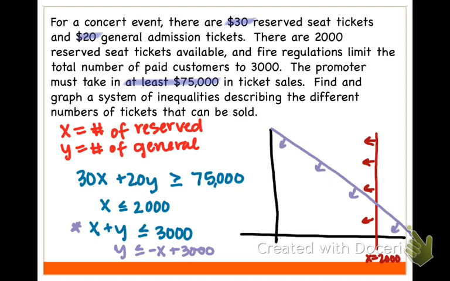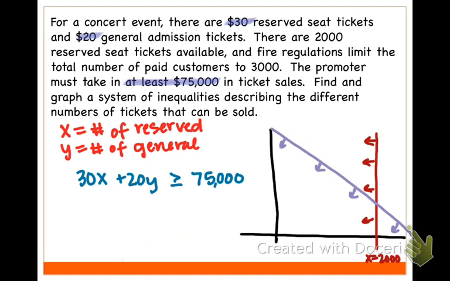And then that last equation that we have up at the top there, I do want to rearrange that. I do want to solve that for y. This equation here, if I rearrange it a little bit, I'm going to get not such a pretty equation, but nothing terrible. I'd get negative 30x plus the 75,000.